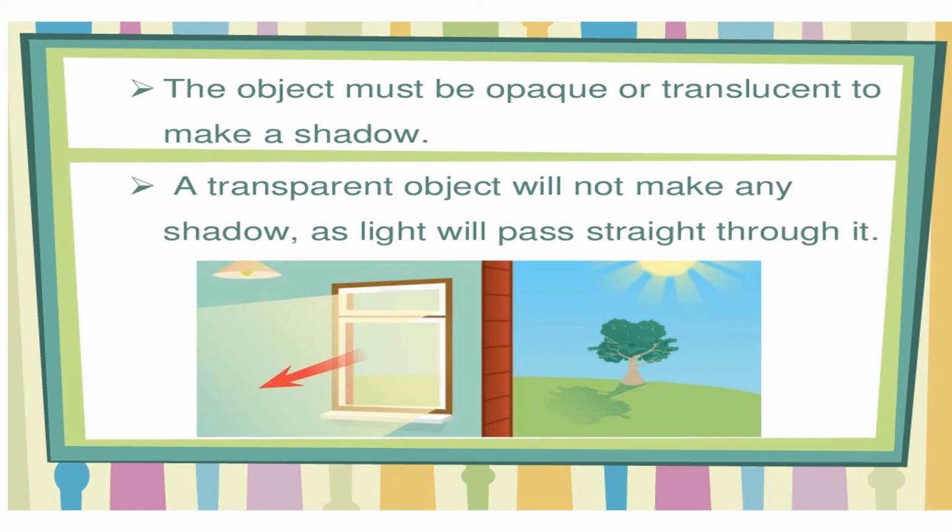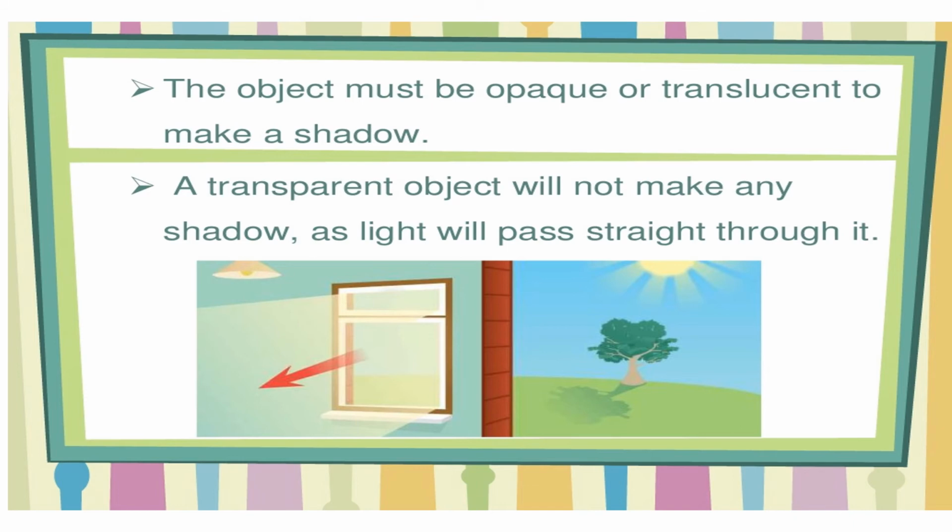And what do you remember we said about translucent objects? Translucent objects are objects that allow some light to pass through them, but we can see through them. Can you think of an example? An example of a translucent object is a balloon.